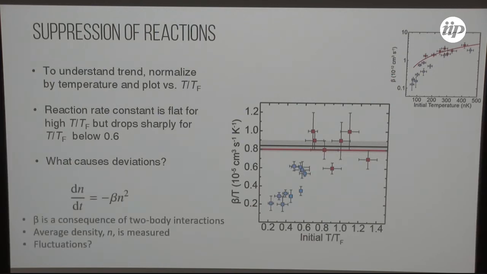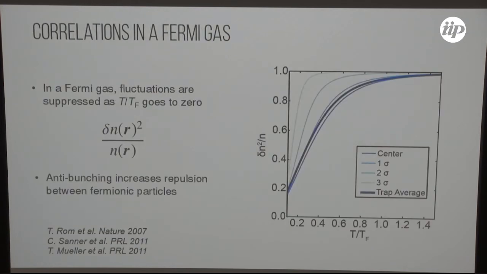The question that we now ask ourselves is whether there is an effect directly related to the Fermi degeneracy that is affecting the density, which is the main mechanism for this chemical reaction. And of course there is. This mechanism is what is typically called, for ideal Fermi gases, suppression of density fluctuation.